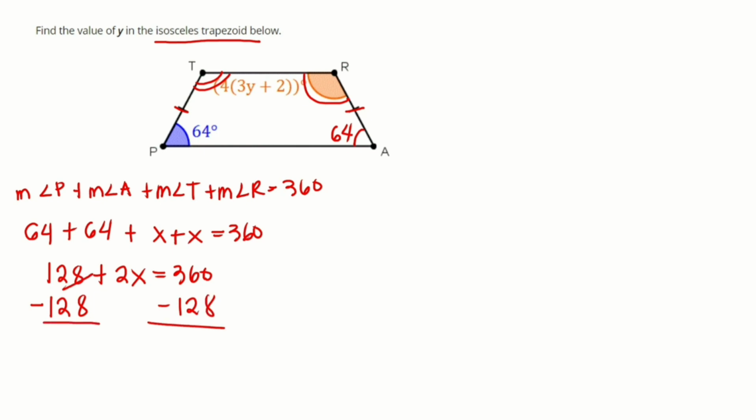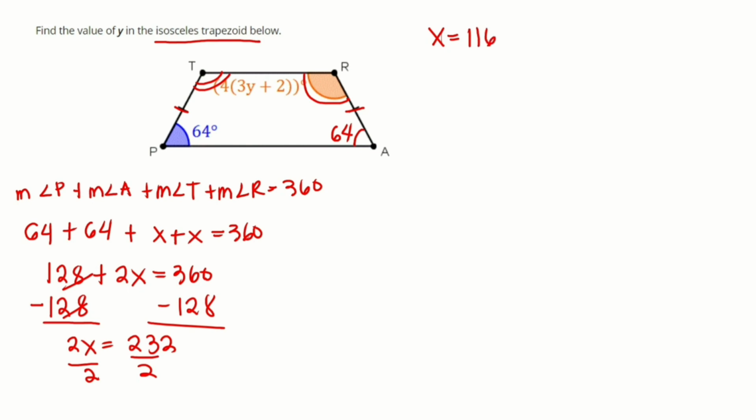So this is cancelled out. We have 2X is equal to 360 minus 128. The answer is 232. Then divide both sides of the equation by 2. So the value of X here is equal to 116.